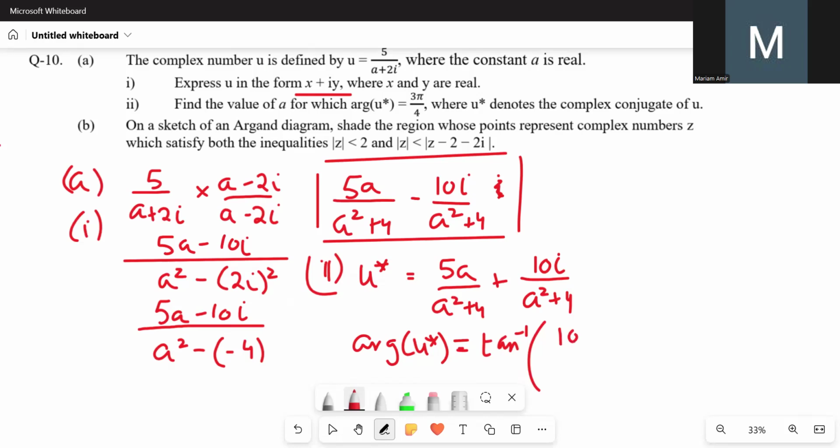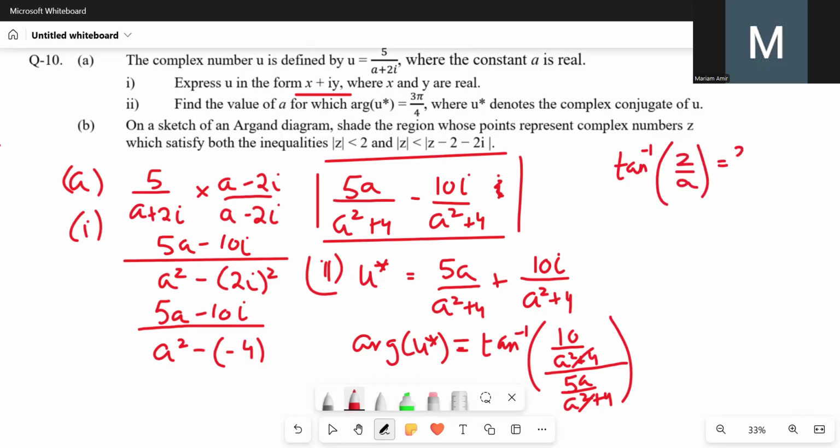Y is the imaginary part upon the real part. Okay, the denominators cancel out and we get tan inverse 10 upon 5a, which is going to be 2 upon a, and the answer is 3 pi by 4.